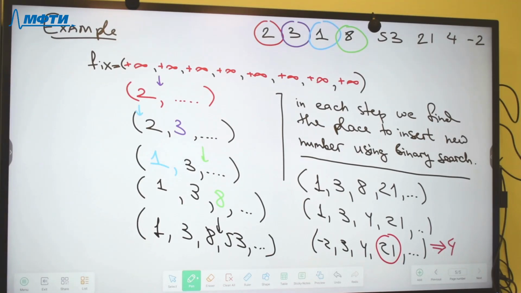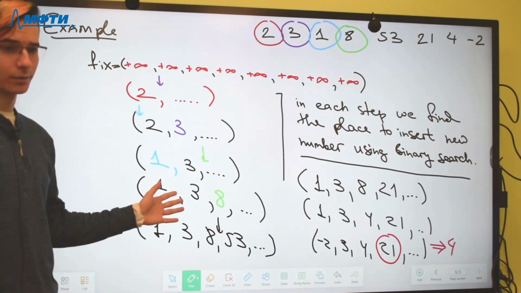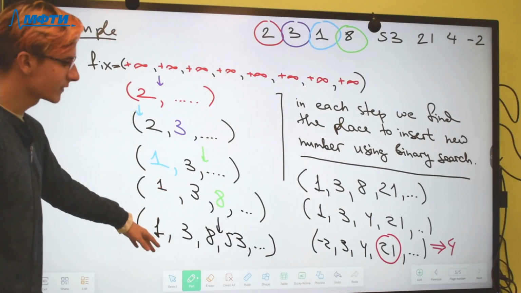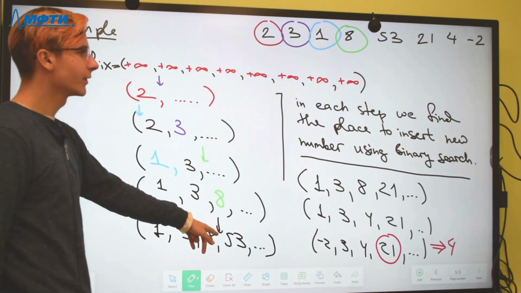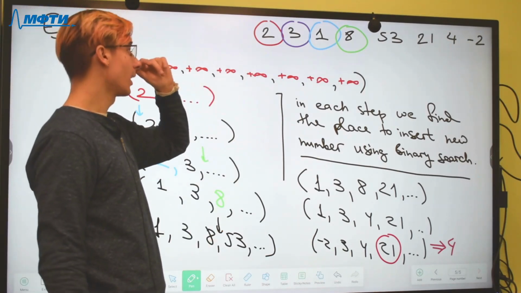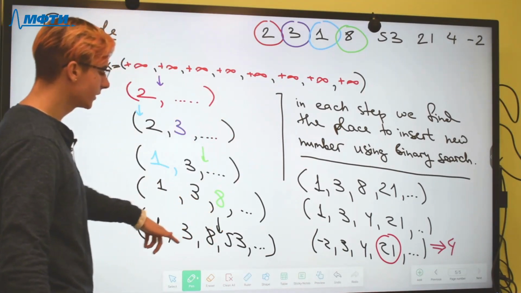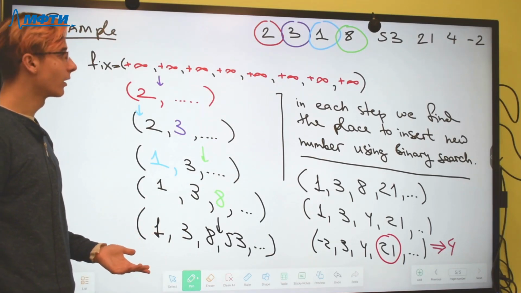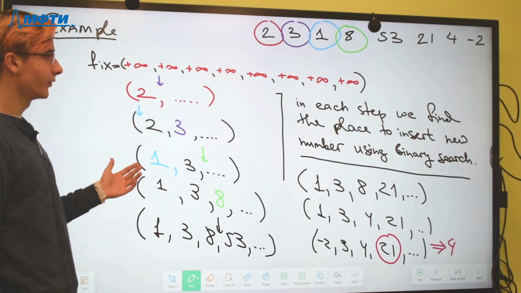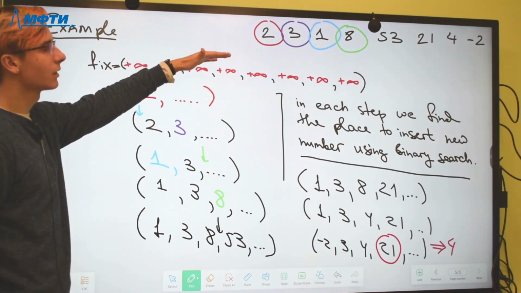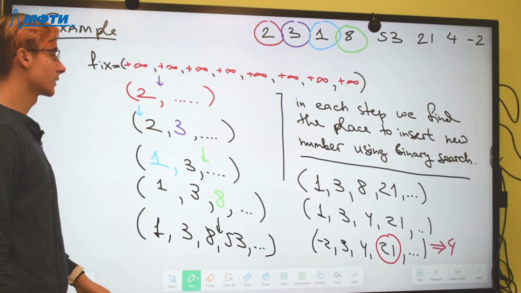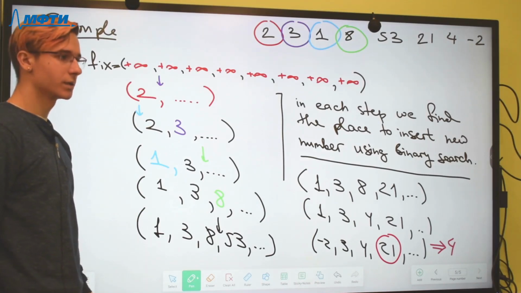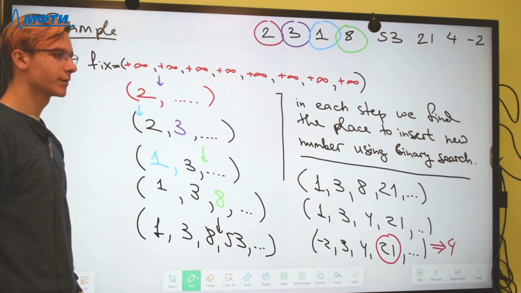In the common way it works similarly. At each step we find in this array the place where we need to insert a new number, and to find it we spend log of n time, and we repeat it for all the numbers, and so we spend only n log n time. Do you understand how it works?